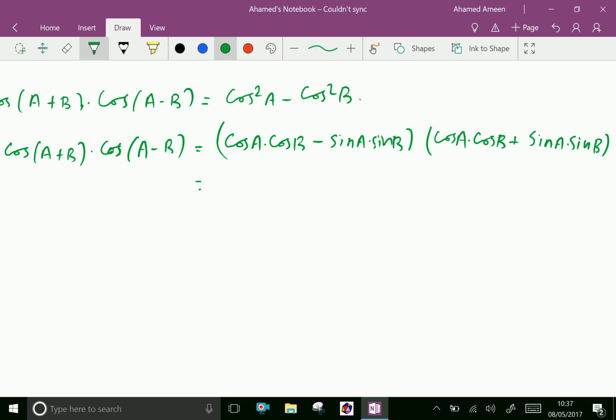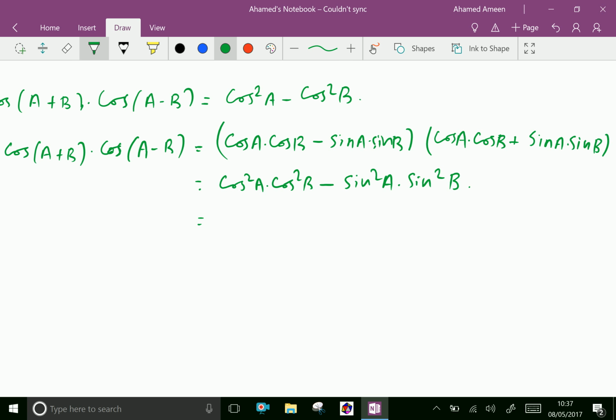Now which is equal cos a into cos b minus sin a into sin b into cos a cos b plus sin a sin b is cos squared a cos squared b minus sin squared a into sin squared b.